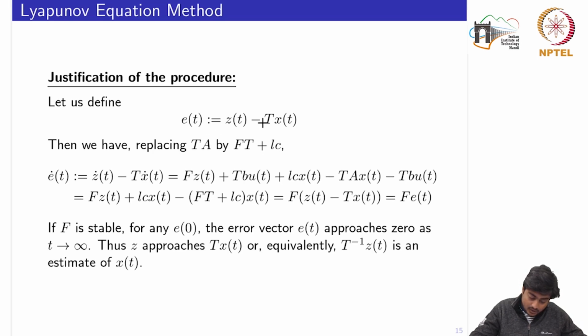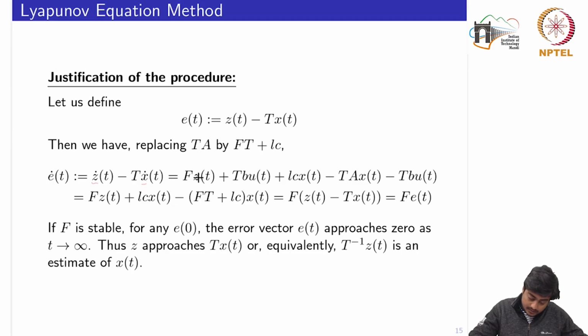Following a similar procedure, we first take the derivative of this error, so we get Z dot minus T X dot. Then I replace Z dot and X dot by their respective equations. Z dot is FZ plus TBU plus LCX, or Ly, and T is pre-multiplied with the complete equation AX plus BU, which is X dot.